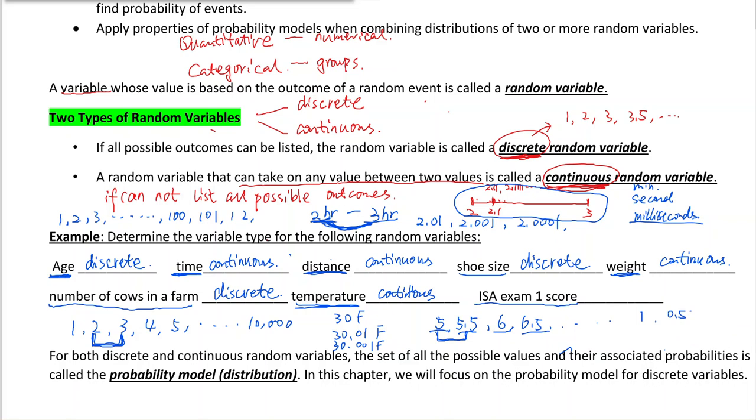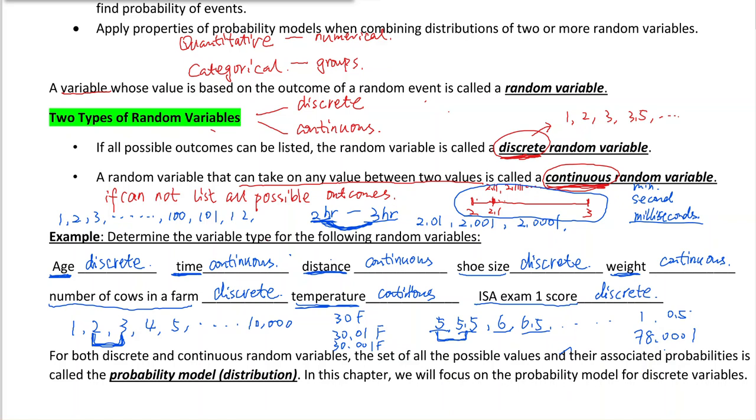So you may not have a score like 78.0001. So exam 1 score will be discrete. It doesn't matter how many possible outcomes there are, as long as you can list them out, we call it a discrete variable.